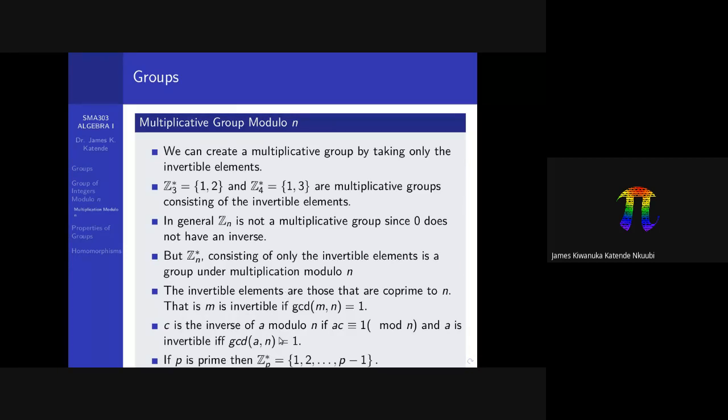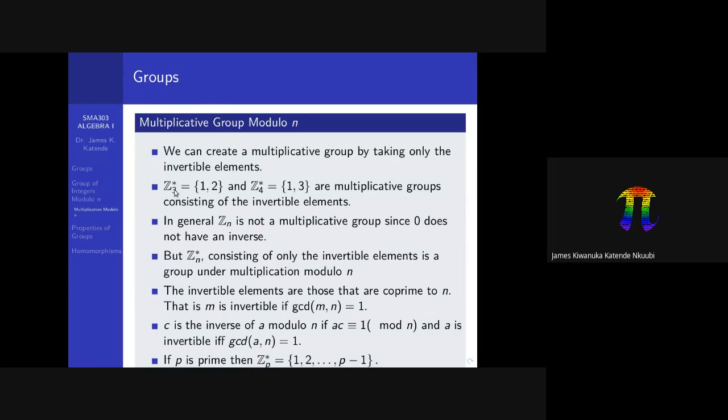One special case is when n is a prime number, let's call it p. Then Zp star will just consist of all the non-zero integers in the set Zp. The example here is Z3. 3 is a prime number, so Z3 star simply consists of all the non-zero integers in the set Z3. We only remove 0 and we get Z3 star.